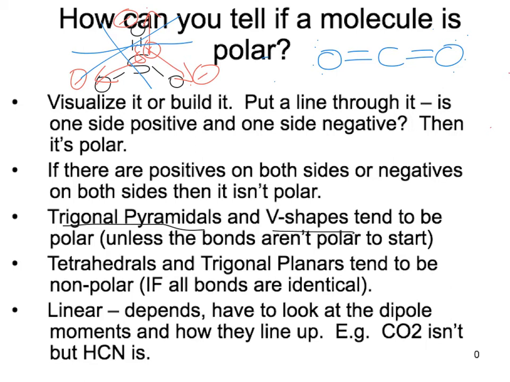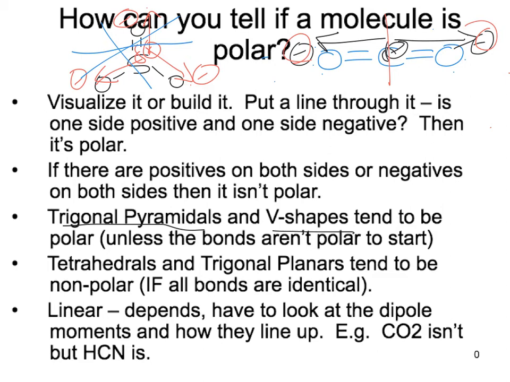But if we draw the dipole moments, oxygen's a little bit more electronegative than carbon. So we see a little bit negative here, a little bit negative here, partially positive here. And as you see, being a linear molecule, I'm dividing it up, but I have negatives and negatives. I'm not going to have positives on one side and negatives on the other. So CO2 is a nonpolar molecule.